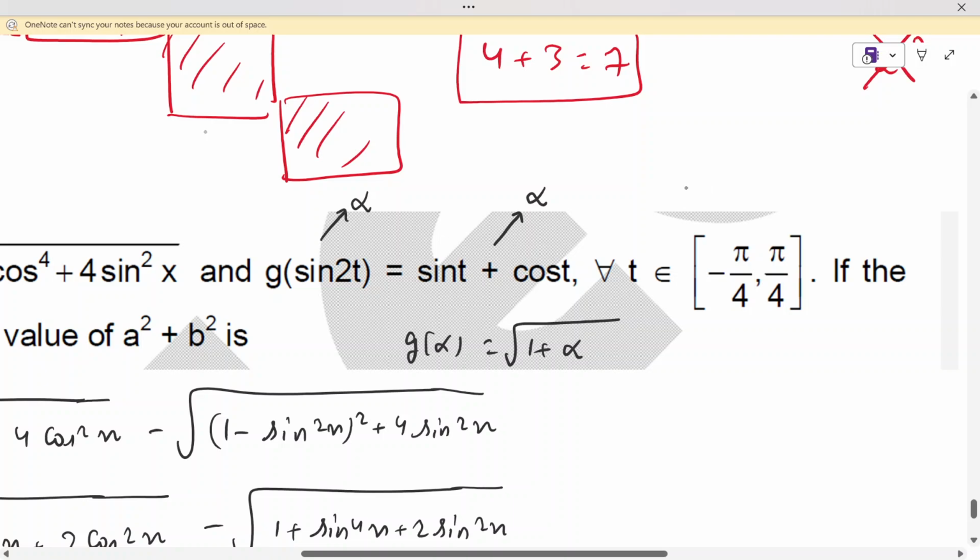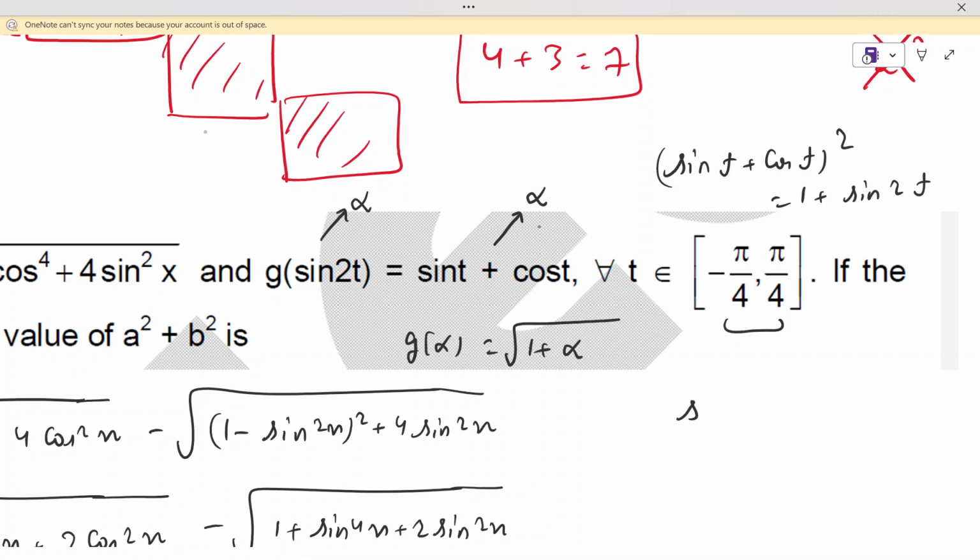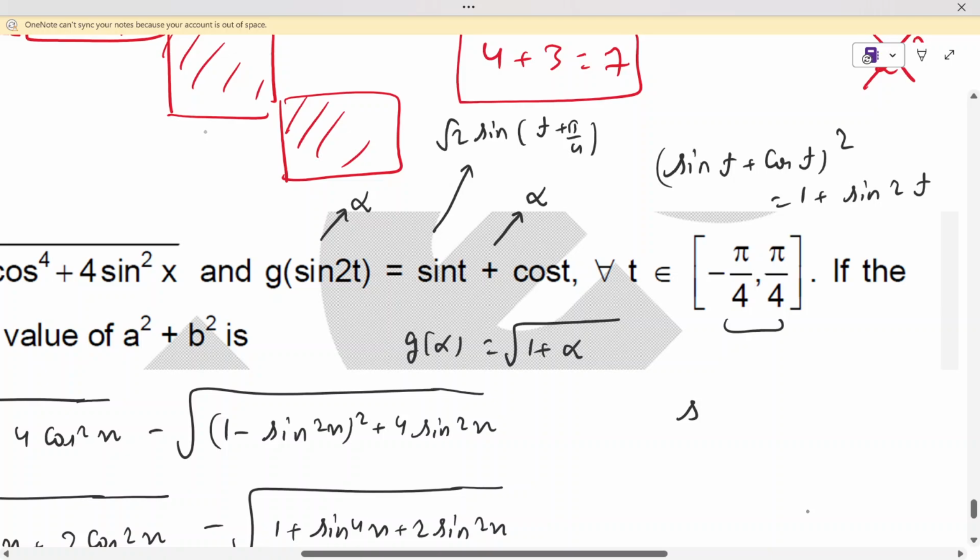Because (sin t plus cos t) square is actually 1 plus sin 2t, that is 1 plus alpha, right? So sin t plus cos t is equal to what? And you can easily see t is between minus pi by 4 and pi by 4. That means it is actually root 2 times sine of (t plus pi by 4). Clear? So t belongs to minus pi by 4 to pi by 4, so t plus pi by 4 will belong to 0 to pi by 2.